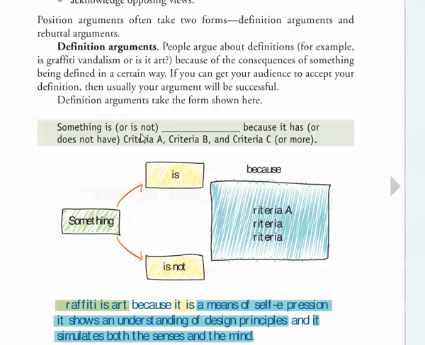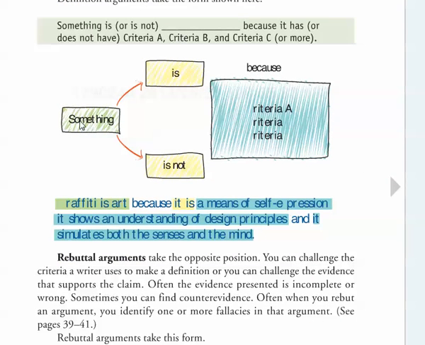Something is or is not blank because it has or does not have criteria A, B, or C, or more, actually. So something is or is not what because of these criteria. So, for instance, graffiti is art because it is a means of self-expression.